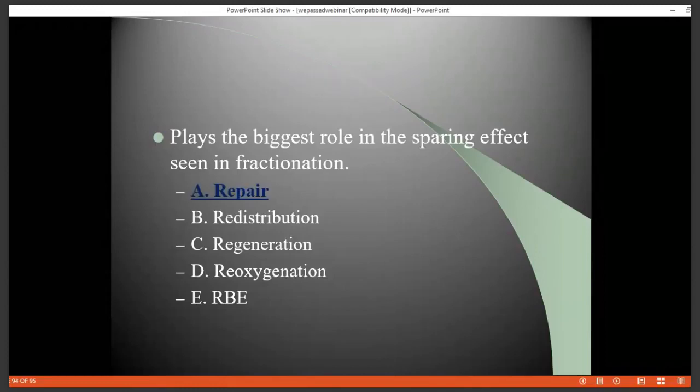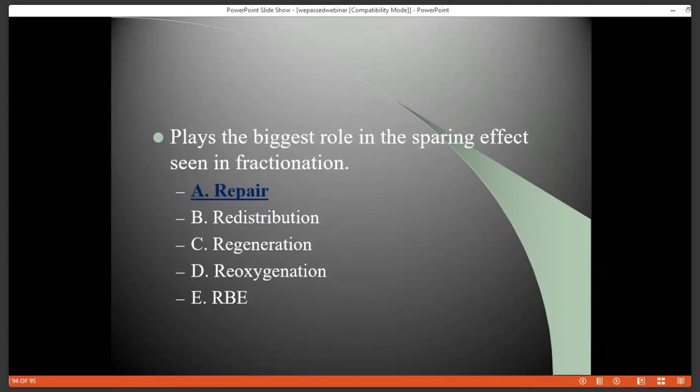So the answer here is repair of sublethal damage. So again, this is related to the fraction size per day, and this is why we don't see fraction sizes getting really large. That was attempted early on in radiation therapy, but they became lethal doses of radiation, in which case the healthy cells were unable to repair that damage.